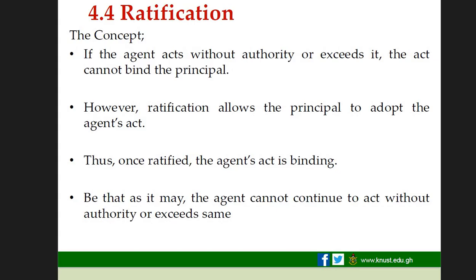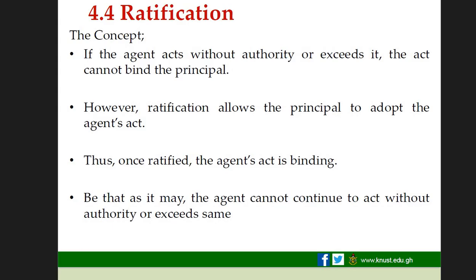If any issue arises before you sign, you should let the principal be aware of what differs from what was already discussed, and ask whether you should still go on to sign. In a situation where you do not tell the principal and you do it on your own, you act without authority.